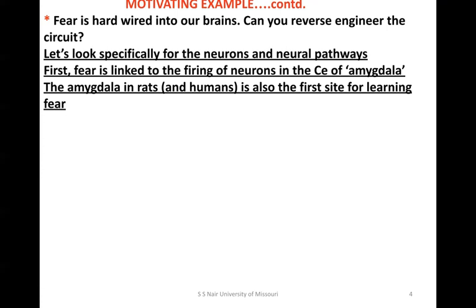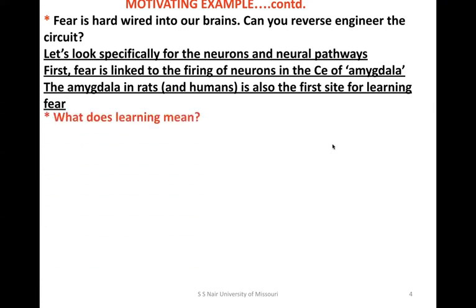We need a few biology basics related to this fear circuit before we can proceed. First, fear is linked to the firing of neurons in a region of the mammalian brain called the amygdala. Biological studies suggest that the amygdala nucleus is a key site for learning fear in rodents and also humans.